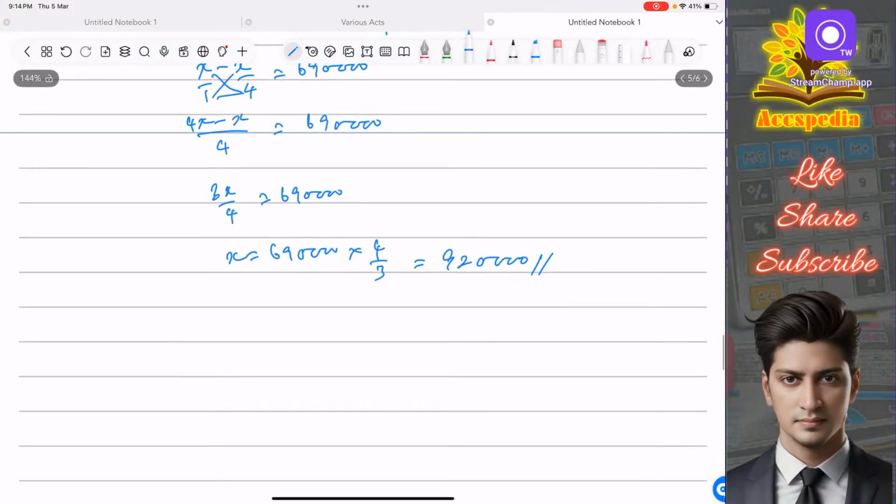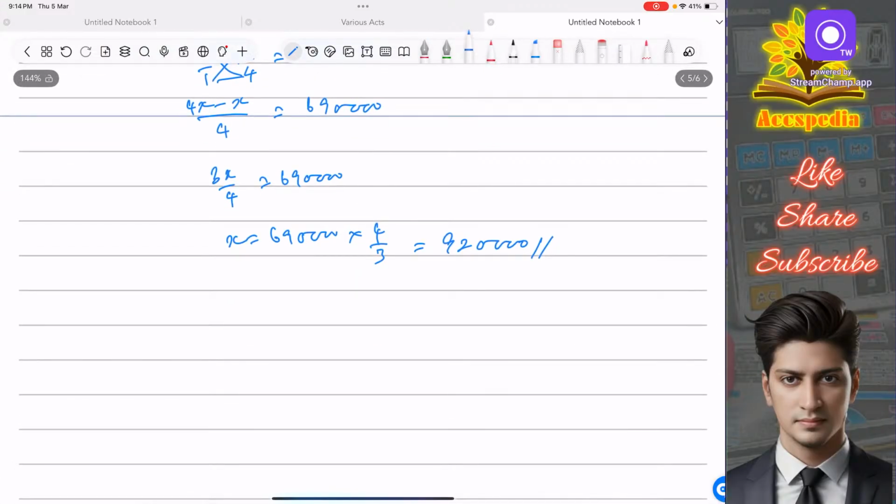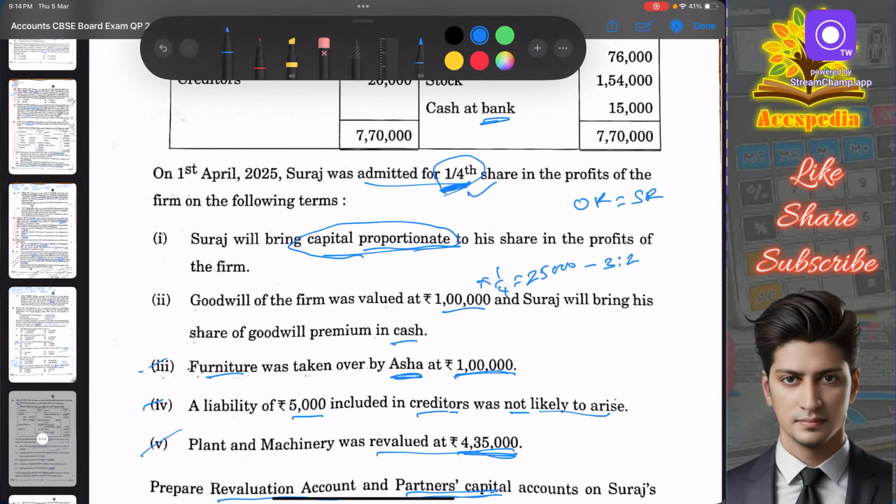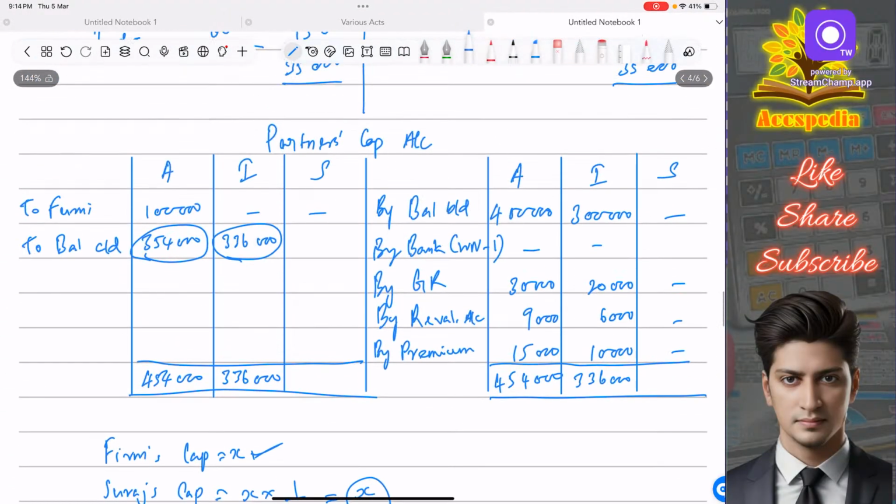So Suraj has to maintain 1/4 of the firm's capital of 9 lakh 20. You can simply keep this as 6 lakh 90 into 4/3, or do it like this. Again we get 2 lakh 30 as the proportionate capital.